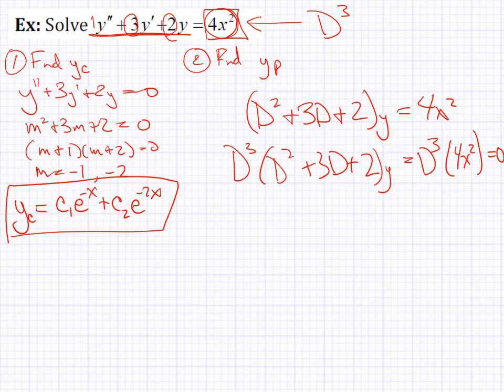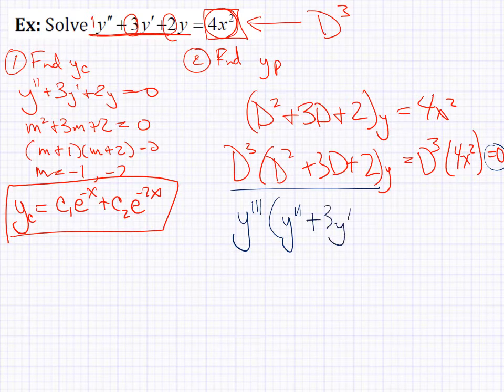Now I'm going to solve what's here, this equals 0. I like to now go back to my prime notation. So y triple prime times y double prime plus 3y prime plus 2y equals 0. This is exactly what I'm trying to solve.